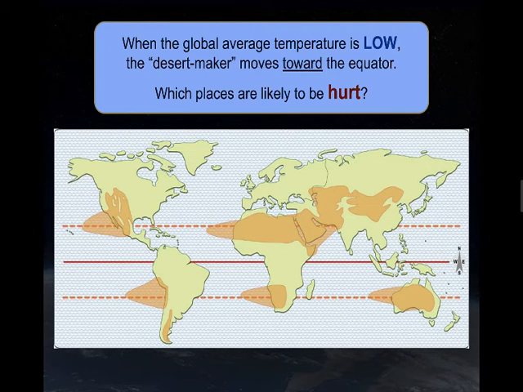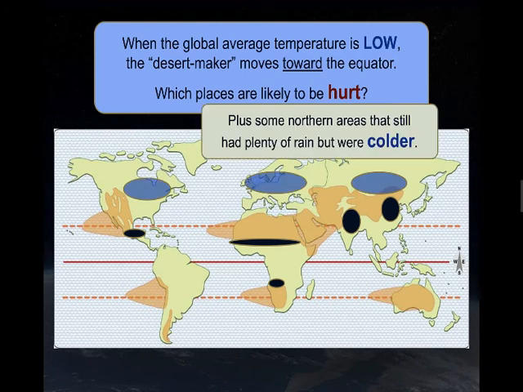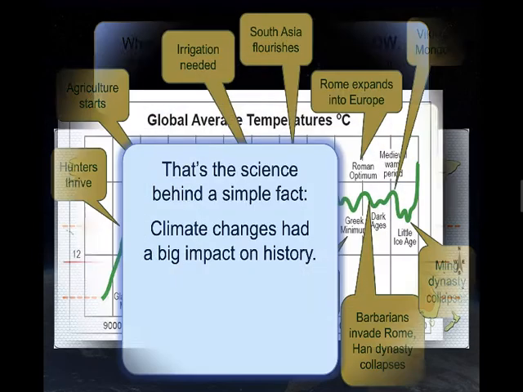And the places that are likely to be hurt are places like Mesoamerica, South Asia, North China, and the area around the Songhai and Mali and Ghana empires in West Africa. Plus all the northern areas that still had plenty of rain but got colder and drove the barbarians, the steppe nomads, southward to invade places like Rome or Han China or Ming China.